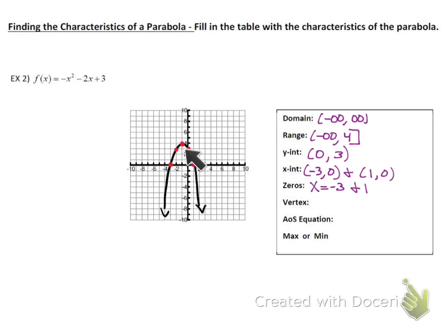The vertex is located right here, x, y, don't forget, -1, 4. Axis of symmetry, x equals -1. You always take that x value from the vertex and drop it into the axis of symmetry equation. And then is this vertex a maximum or a minimum? This vertex is the high point, otherwise known as the maximum.